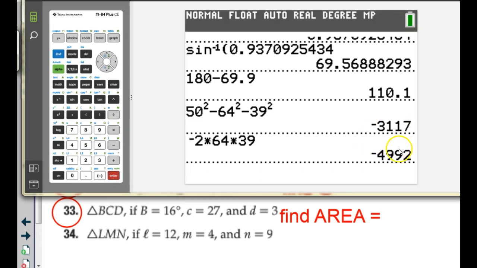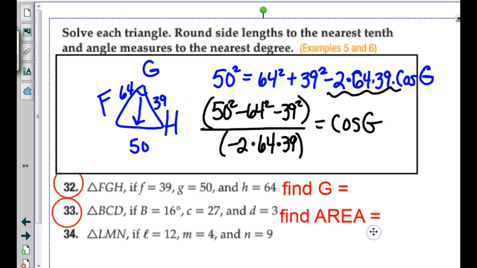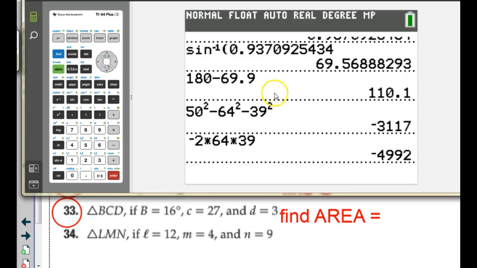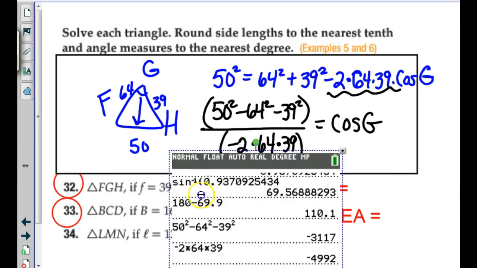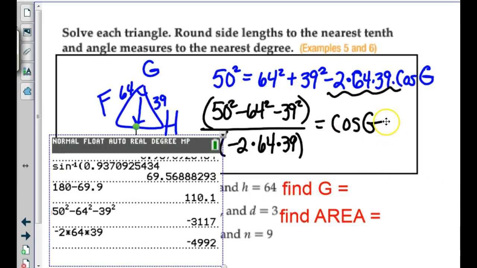So I have two negative numbers. -3117 over -4992. Okay, and I have to do inverse cosine of that, right? Or second cosine of that. This is going to come out positive, so it's going to be an acute angle.